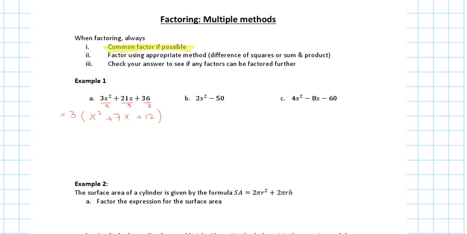Now, with a sum and product, I'm looking for two numbers that multiply to 12, add to. So what multiplies to 12 and add to 7? 3 and 4. So multiply to 12, add to 7. 3 and 4. Do you guys agree with that? Yes. 3 times 4 is 12. 3 plus 4 is 7.